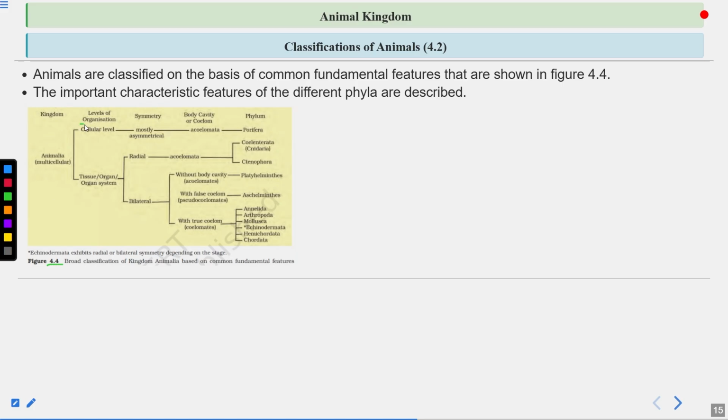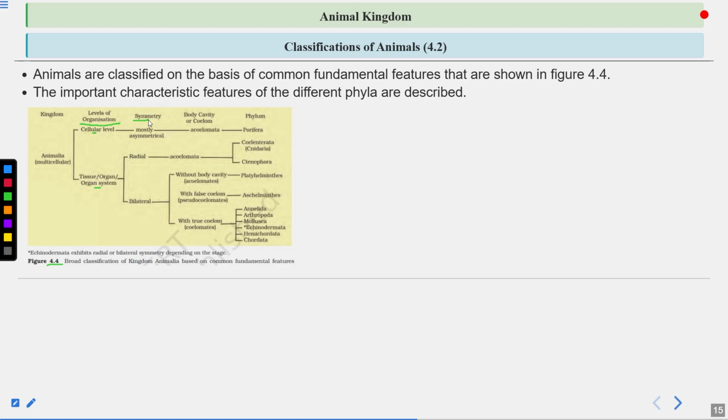We have studied the level of organization: cellular level, and then tissue, organ, and organ system level. All the tissue, organ, and organ system levels are kept in one group, and the cellular level is kept in another group, right? So this is the level of organization.